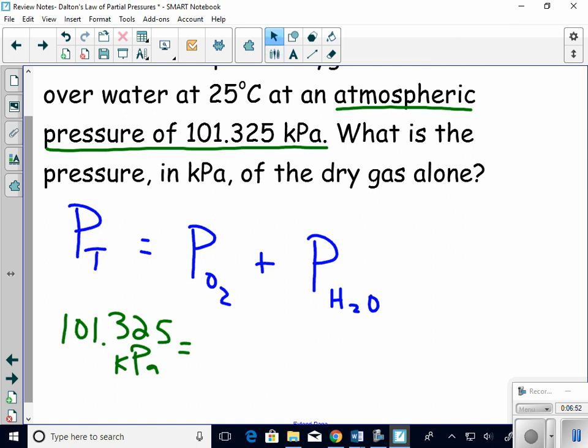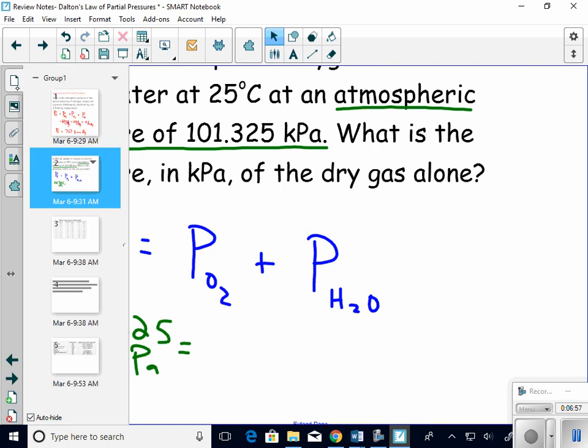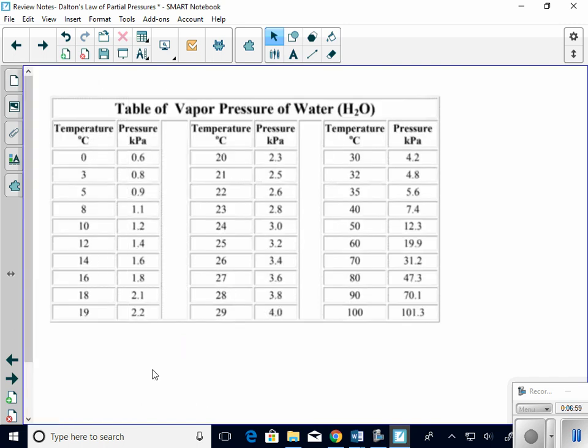Now, what we'll find later, folks, is that in order to do this, I have to have a chart like this. And this chart, I understand it's a little bit blurry. This is all the clearer I could get it when I put it onto the smart board, the smart notebook. But as you can see, it is a table of vapor pressure of water.